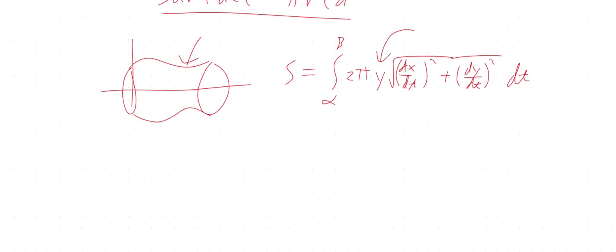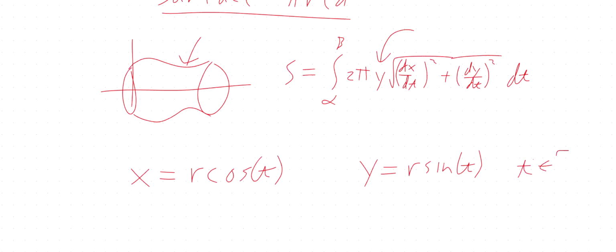So we're going to start with our x being r cosine of t, however big we want the sphere to be, and then our y is going to be r sine of t. And we'll go from 0 to pi.